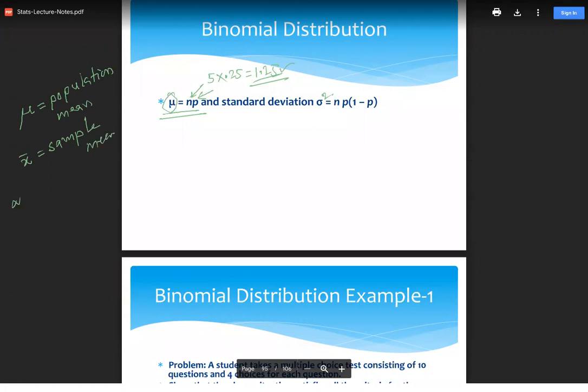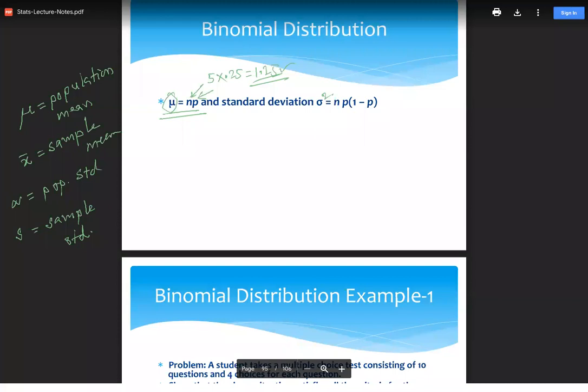Then sigma is the population standard deviation, and s is the sample standard deviation. Remember those things? I told you that these things are going to be important and you're going to see them.